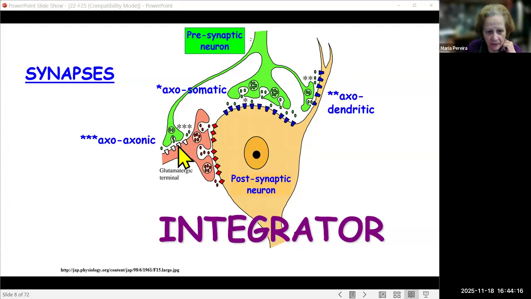And here's a modulator. In this case, what is happening is you're modulating the conduction of the action potential down the axon. And you will understand this. I have a few more slides to explain the action of the axoaxonic synapse.